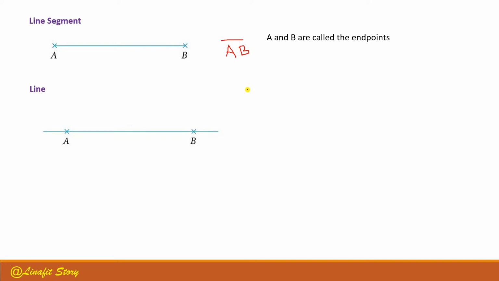We use a small letter to label a line. For example, this is line L. We write it as line AB or line L. This is the infinite line that includes A and B.